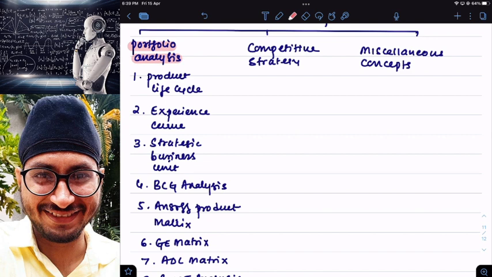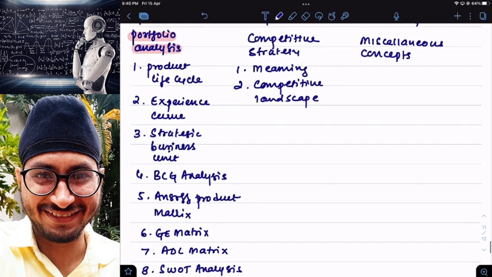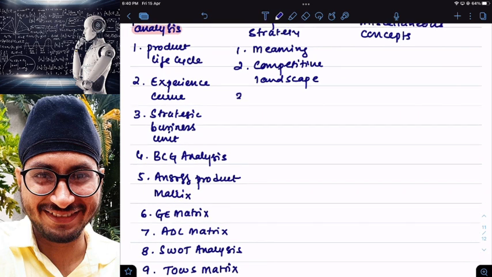Sir, in competitive strategy we are going to study the meaning of competitive strategy. Then we are going to study about competitive landscape. Then factors to perform industry and competitive analysis.